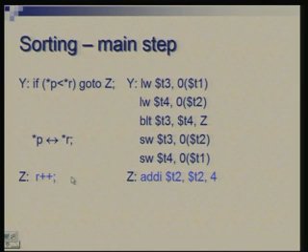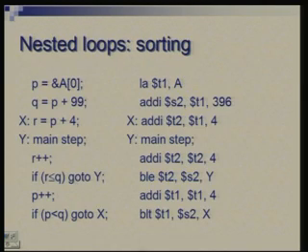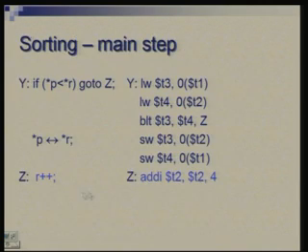So, if you go back after the main step, this was the R plus plus statement or add immediate T 2 T 2 4. That statement is not put once more, I am just indicating that Z is a label which is there just to make sure that you come out of this part.